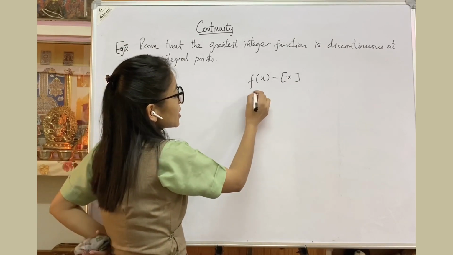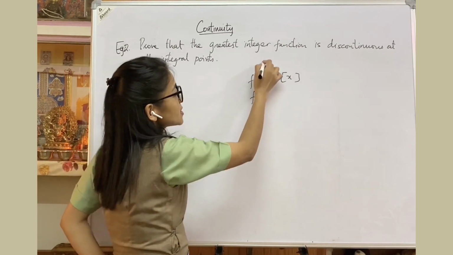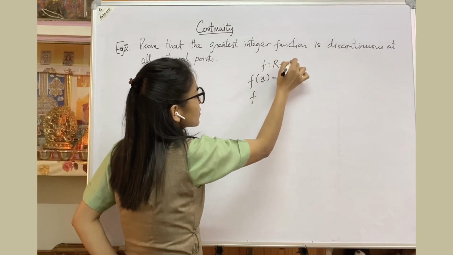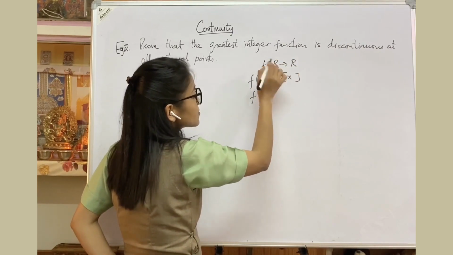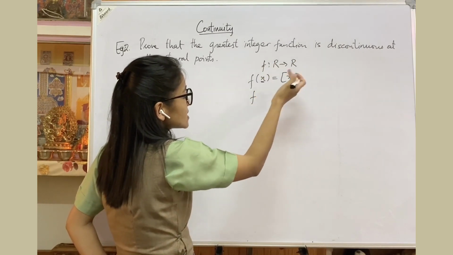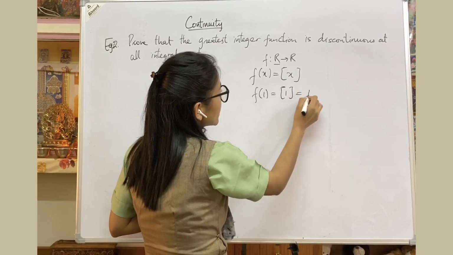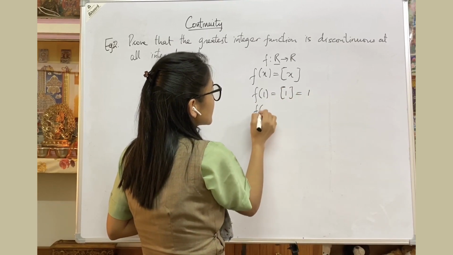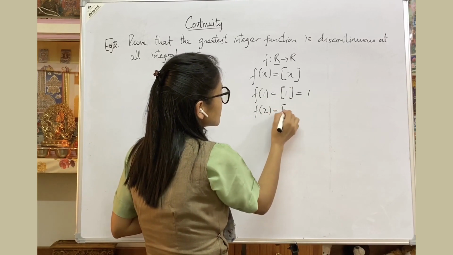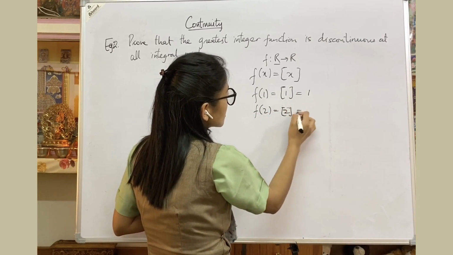If you take x, this x is any real number. For the greatest integer function, our function is from the set of real numbers to real numbers. You can take any real number. If I take f of 1, the greatest integer function of 1 is 1. The greatest integer function of 2 is 2.